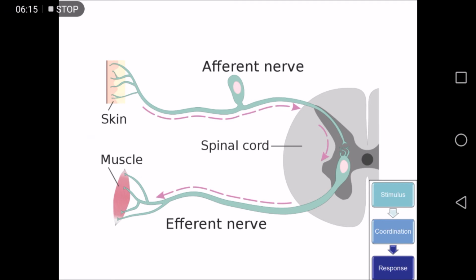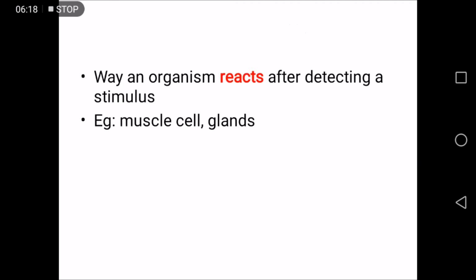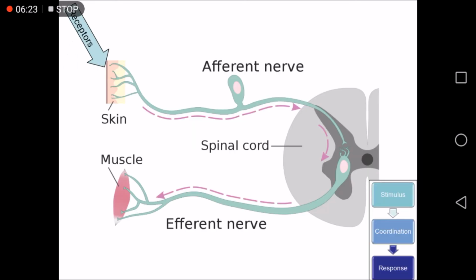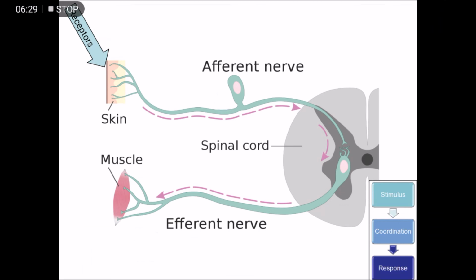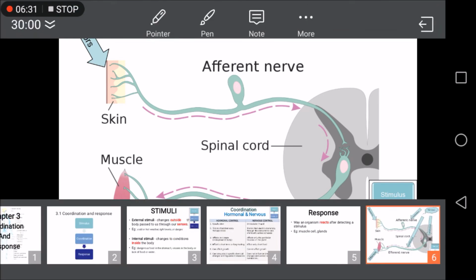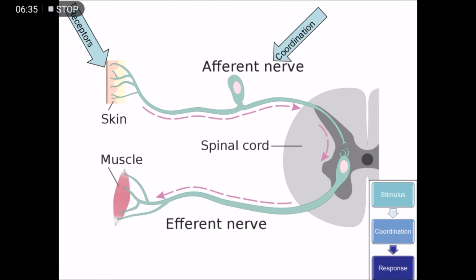If I have a receptor there that receives a stimulus, that impulse will be sent to the nerve, and we call it the afferent nerve. Later on in the chapter, when we come to nerve, I will tell you what is afferent nerve. Afferent nerve, and then coordination happens from the nerve or the hormone.